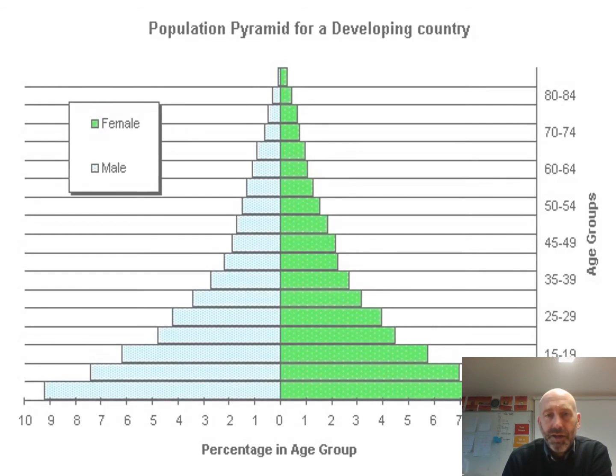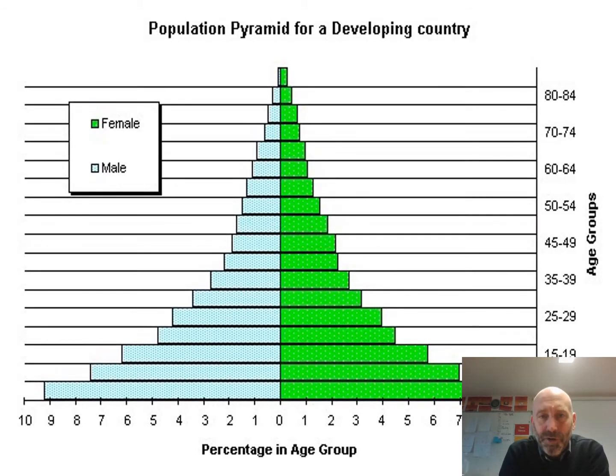Okay, so when we look at a population pyramid for a developing country, we can see it has a particular shape. It's still got male and female on one side and the other. This one is done in percentages across the x-axis, and you've still got the 0 to 5 age range.